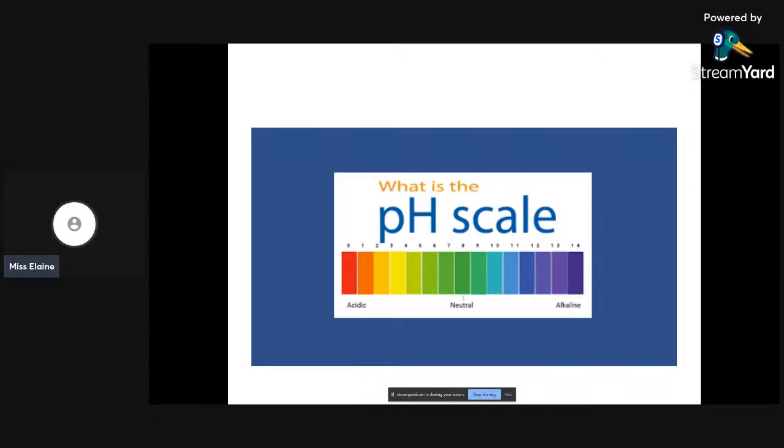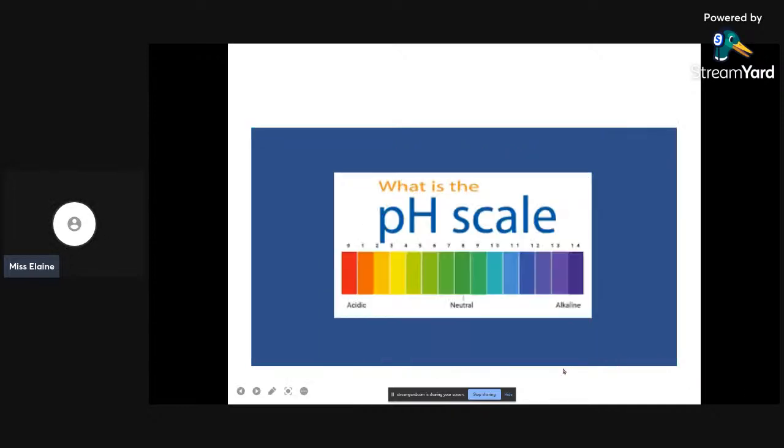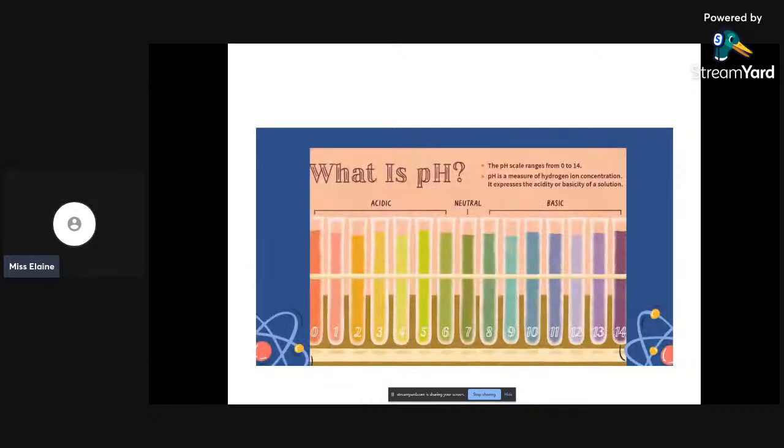So, what is the pH scale? Earlier, to measure acidity or basicity, we only talked about two colors, red and blue. But when it comes to the pH scale, there is actually a lot to consider. So what is pH?